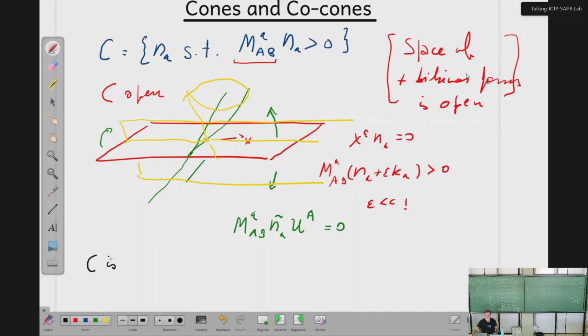C is a cone. Means that if B_A and B twiddle_A belongs to C, then alpha B_A plus beta B twiddle_A belong to C for alpha, beta positive.